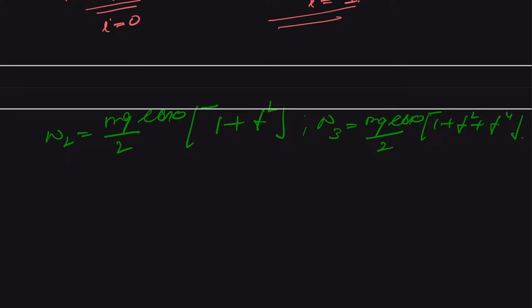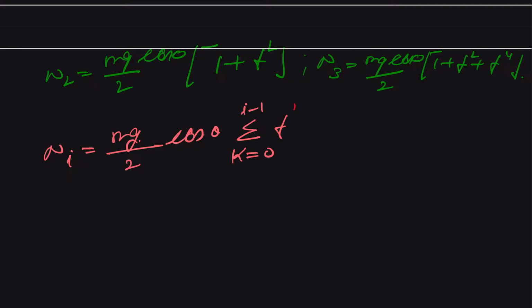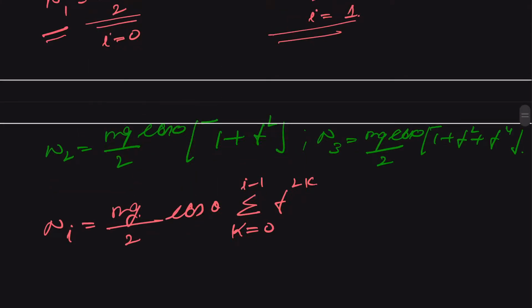So in general, we can write this as our N of i will be equal to mg by 2 cos of theta summation k from 0 to i minus 1 of t square raised to power k. Okay. So this is our general expression for all these normals, N of 1, N of 2, N of 3, N of 4, N of 5, likewise. So it will be going up till infinity.